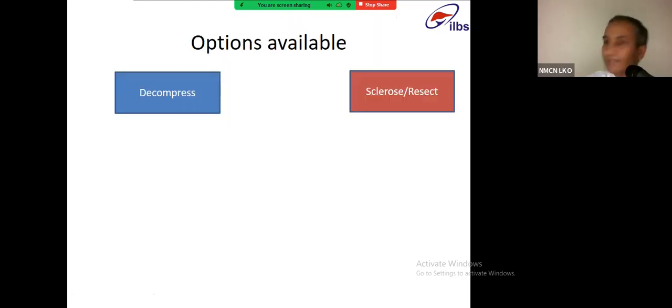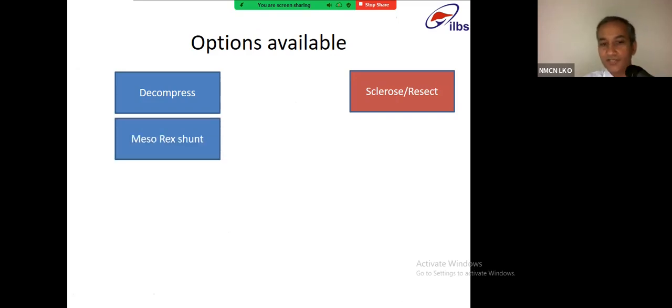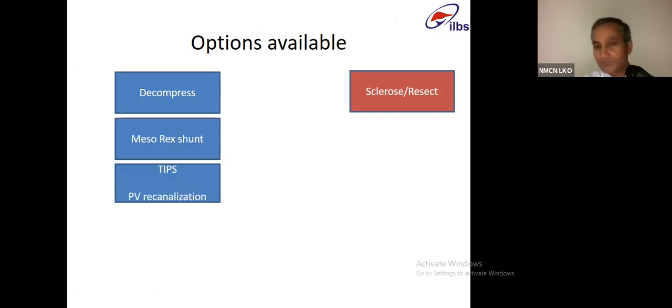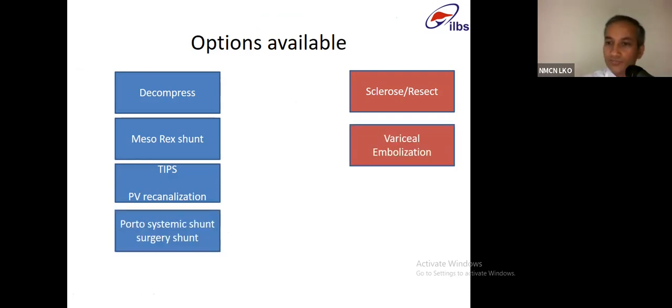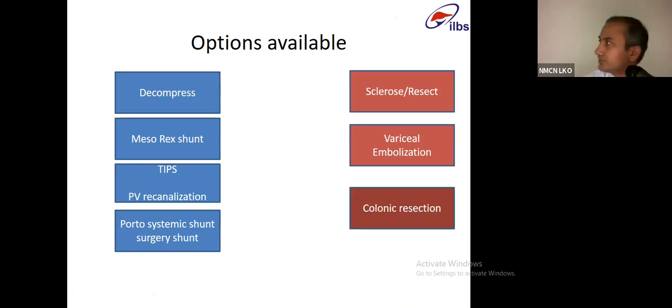In this particular case, we considered options like to decompress the system with a mesorex shunt, TIPS, portal vein recanalization, or a typical shunt surgery, or to resect the varix, or variceal embolization and colonic resection. Out of these options, we discussed with our interventional radiologist whether TIPS or portal vein recanalization was feasible.